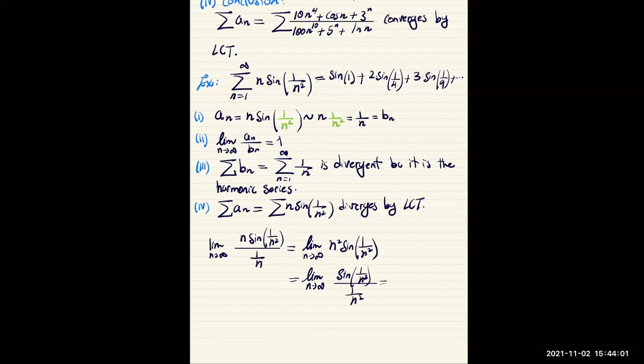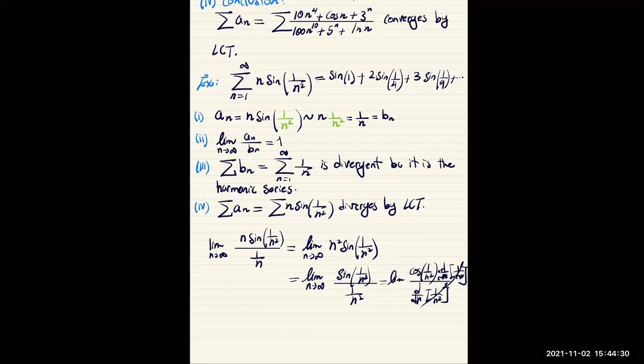Take the derivative of sine of 1 over n squared, which is going to be cosine of 1 over n squared multiplied by the derivative of 1 over n squared, divided by the derivative of 1 over n squared. These derivatives cancel and you just get cosine of 1 over n squared. When you do the limit of that, you get cosine of 0, and cosine of 0 is 1. That makes sense.